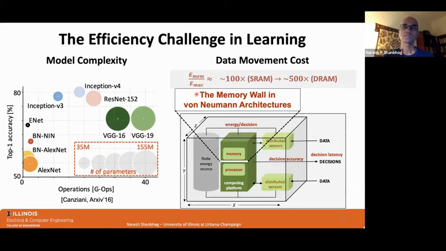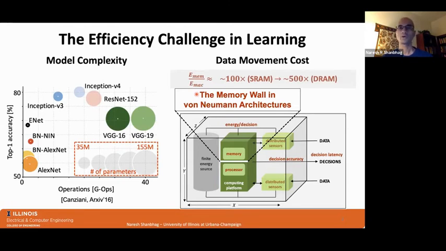So the holy grail in the architecture world is to find ways to minimize model complexity, maximize storage resources in hardware, and find ways to prevent or reduce the number of data accesses as much as possible.